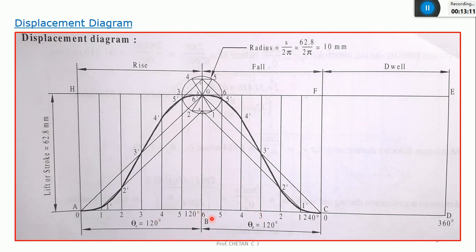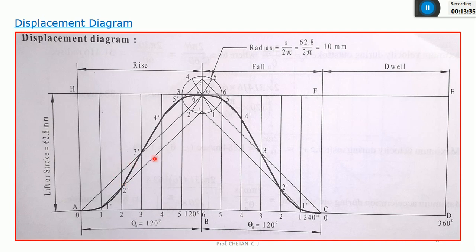I have assumed there is no dwell between outward and return, so I'll consider it as 0. Immediately after this outstroke, I'll plot the return stroke, that is also 120. The remaining will be dwell: 360 minus 120 minus 120, so the remaining angle is also 120 for the dwell.